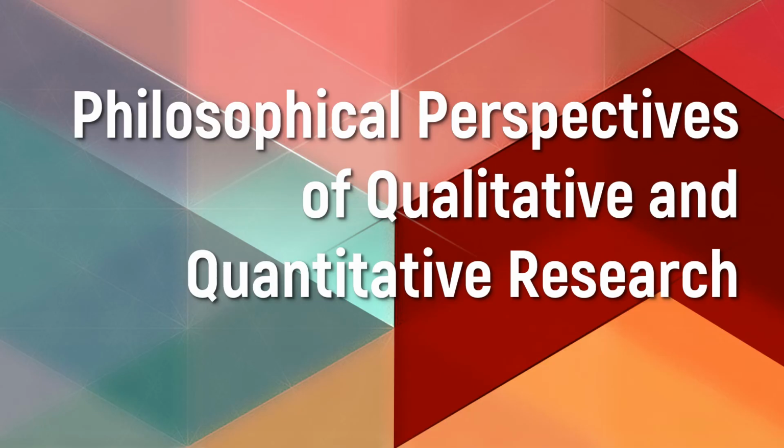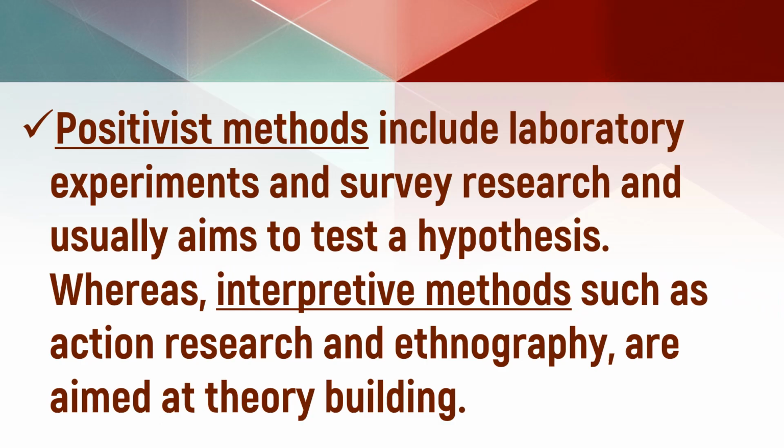Okay, so we move on to the philosophical perspectives of qualitative and quantitative research. We have two philosophical perspectives, positivism and interpretivism. Okay? Positivist methods include laboratory experiments and survey research and usually aim to test a hypothesis.